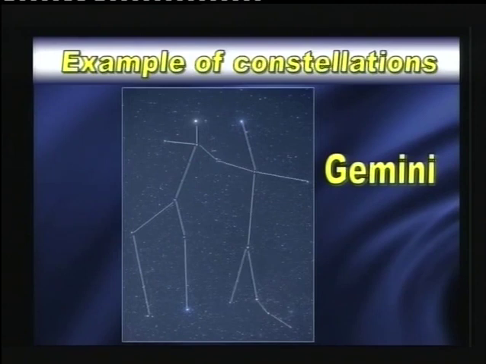They sometimes call it the twins in ancient times. So that is how scientists or astronomers find the position of a star. By grouping the stars together into a constellation, it is easy for them to identify these stars in the night sky.